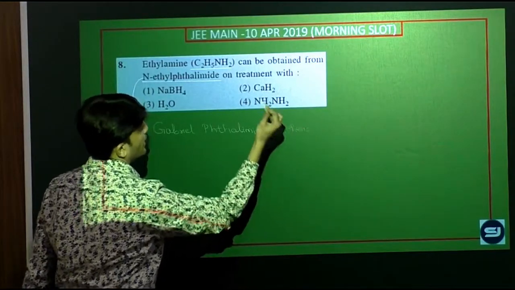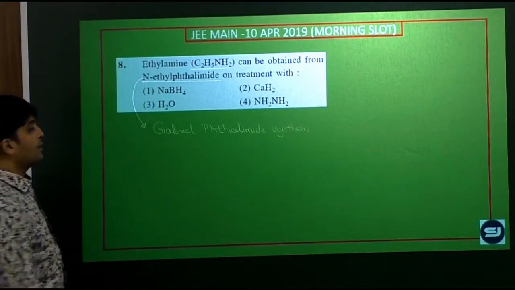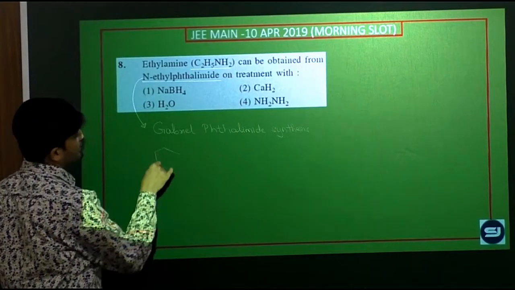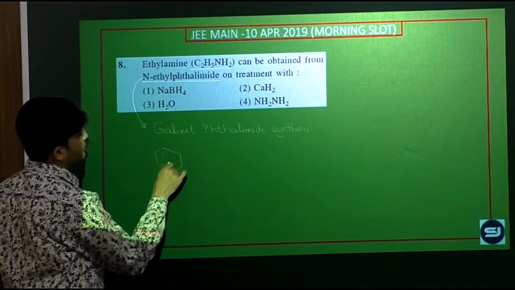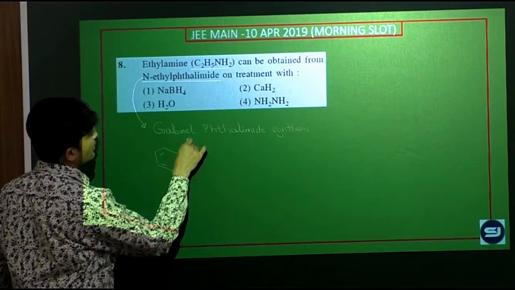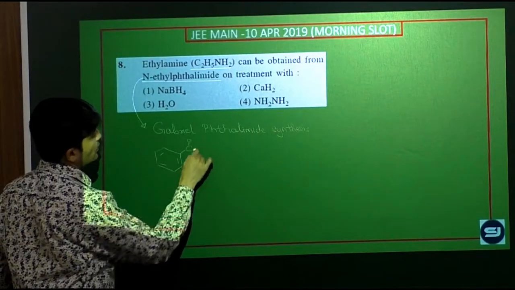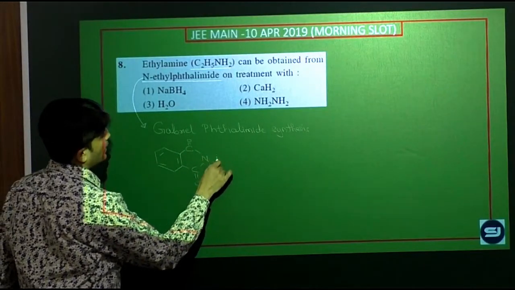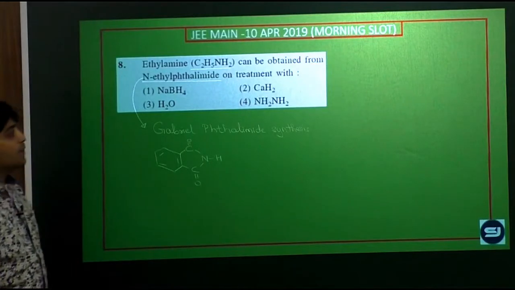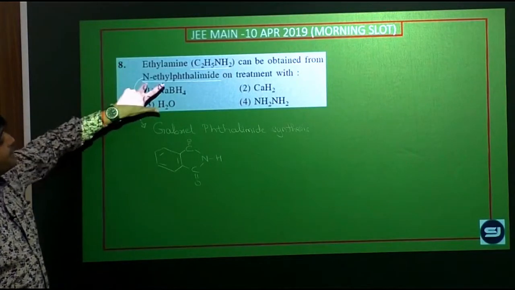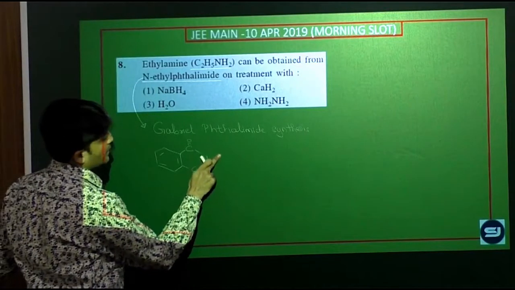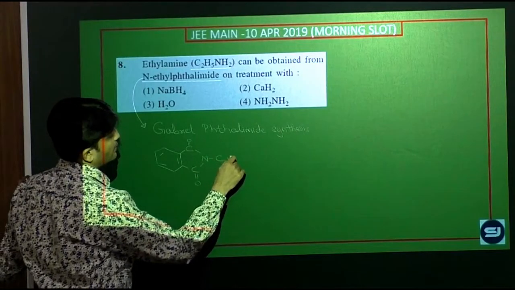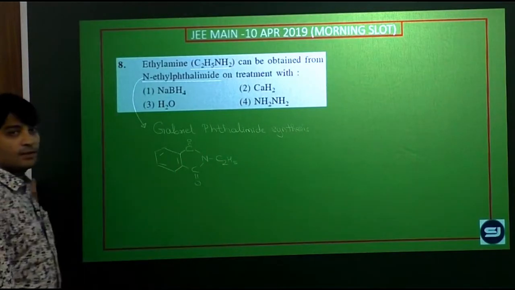Now what is the structure of a phthalimide? It is a benzene ring attached with C=O, C=O shared with NH. The reactant given over here is N-ethyl phthalimide, meaning the H is replaced by C2H5.